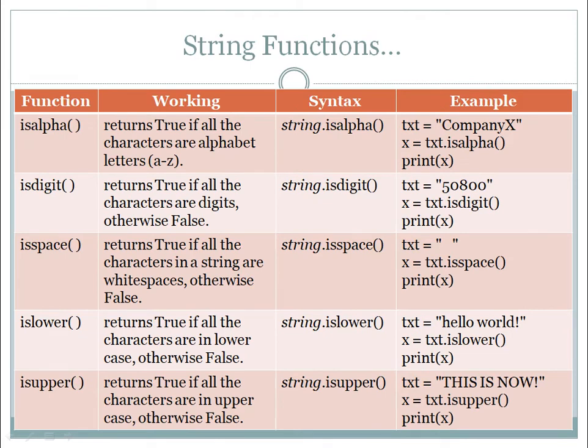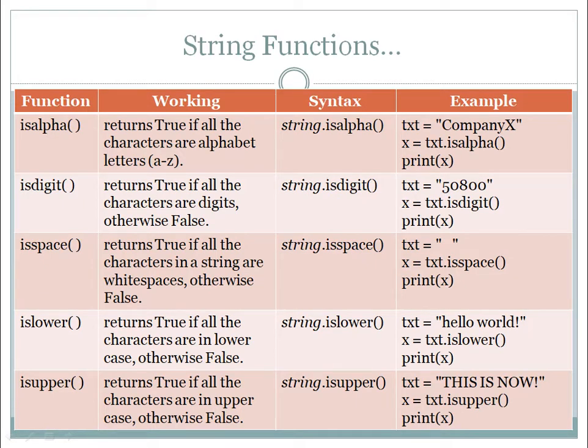Next is isalpha. Please note the occurrence of "is". That clearly means that this function will return either true or false. So it will return true if all the characters are alphabets, otherwise false. Similarly, isdigit is also used with a string. Please note, string dot isalpha, string dot isdigit, and so on.